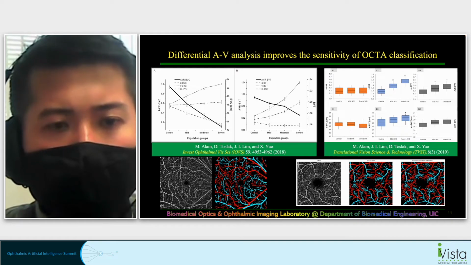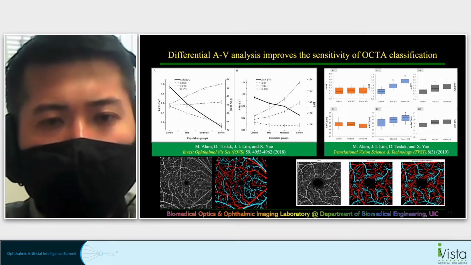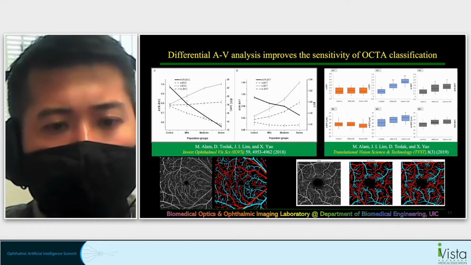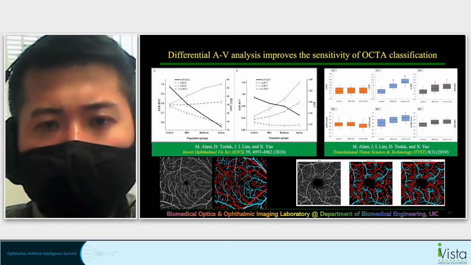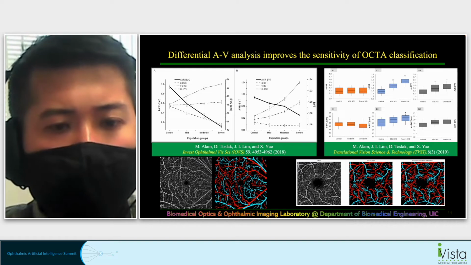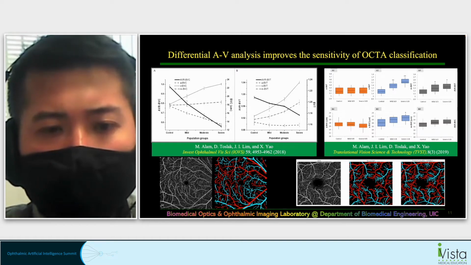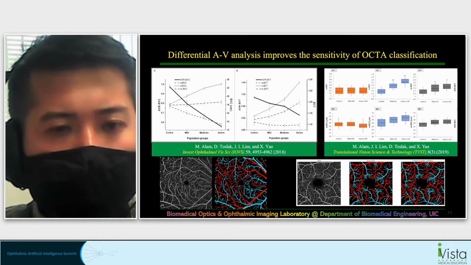We have also employed differential AV analysis for quantitative OCTA features for disease staging. On the left figure, we analyzed the blood vessel caliber and tortuosity. We showed that for the vessel caliber, if we measure the mean vessel caliber, there is little difference between the stages of NPDR. However, if we separate the arteries and veins, we can see that there is a polarizing trend.